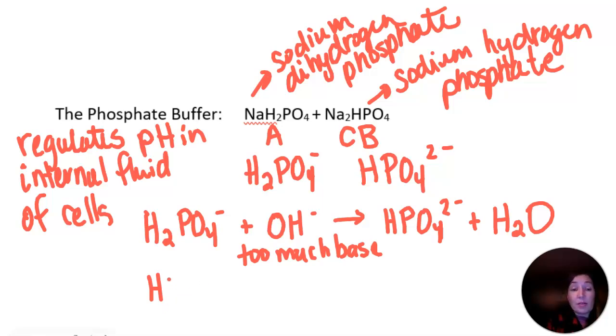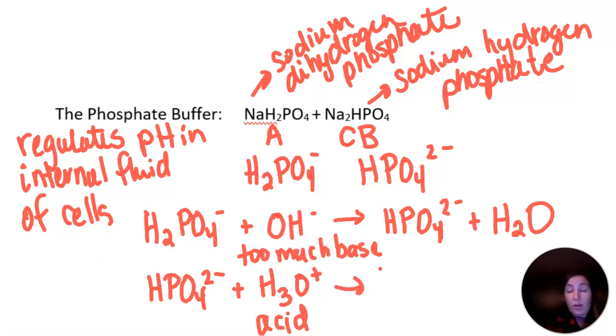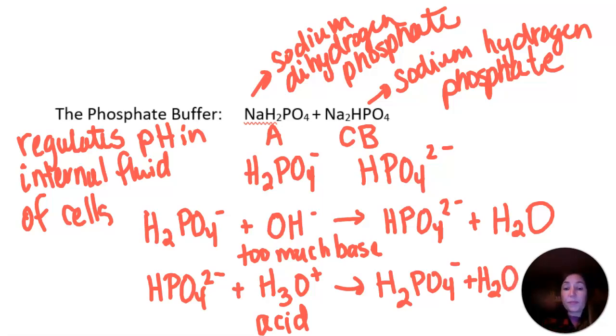What about excess acid? Well, excess acid is going to react with the conjugate base, HPO4 2 minus, plus an excess of acid, H3O plus. The HPO4, the conjugate base, is going to pick up an extra H plus proton to make H2PO4 minus. And when hydronium gives up an H plus, it will just leave behind water.